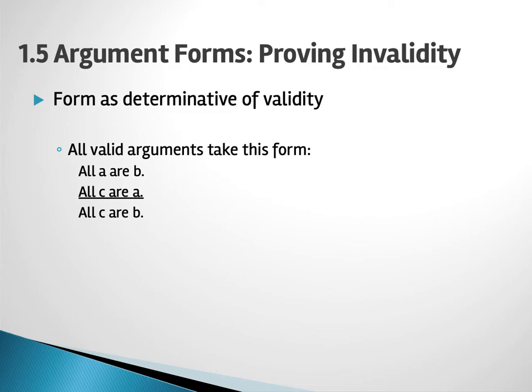You see, the form, the structure of the argument, has not changed. I can substitute anything I want for it. All elephants are mosquitoes. All cats are elephants. Therefore, all cats are mosquitoes.